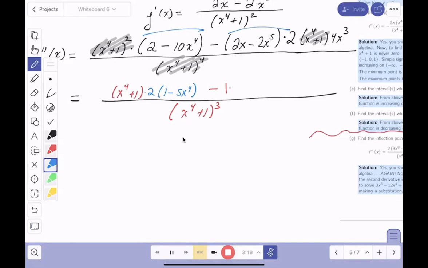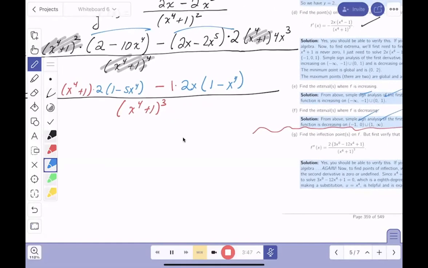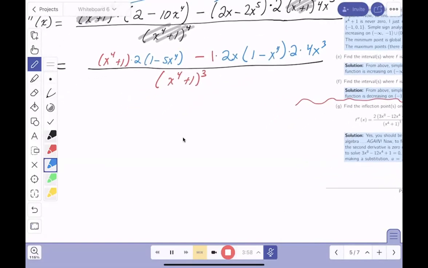That's going to be 2x times, not x, no, I'm sorry, 1 minus x^4. So that would give you, let me just make sure, 2x minus 2x^5. Looks pretty good. I'm going to put 2 down now, and I'm going to put 4x cubed down now. All right. This is a nightmare. I don't know when it's going to stop. I got to keep going.